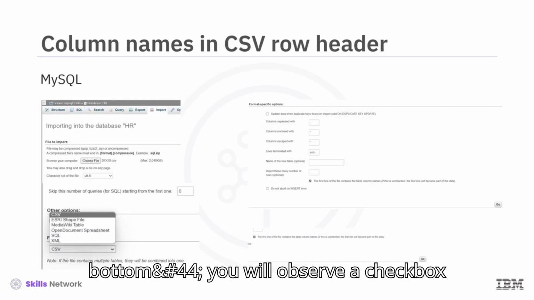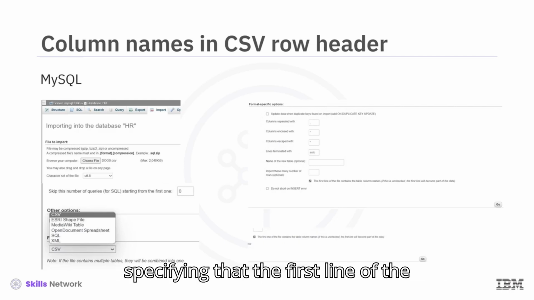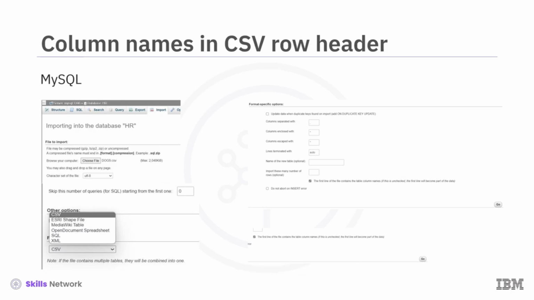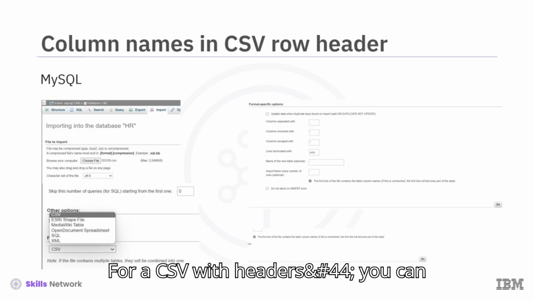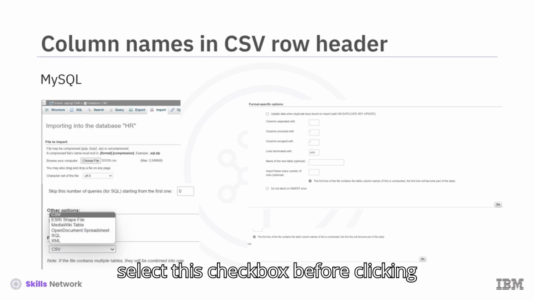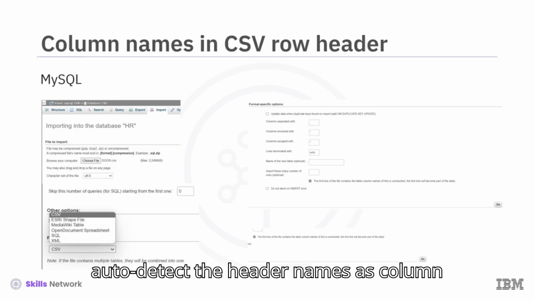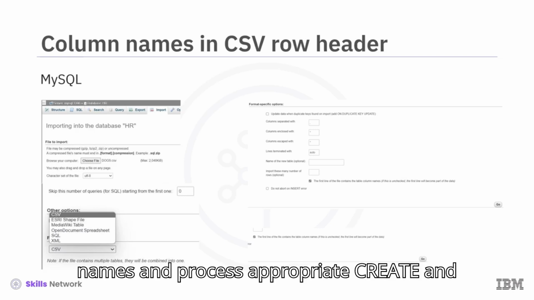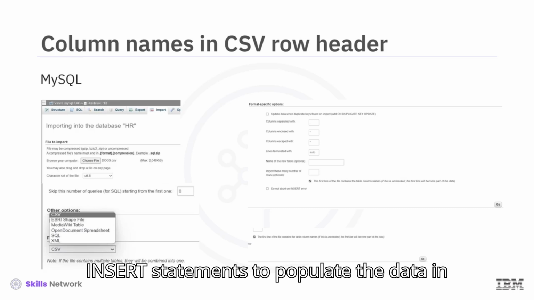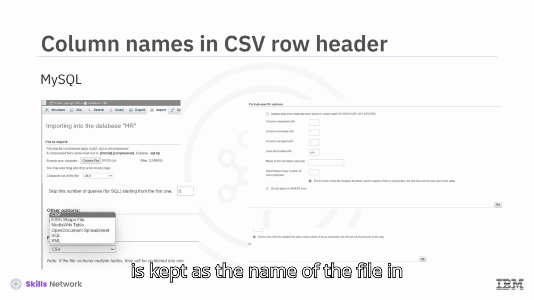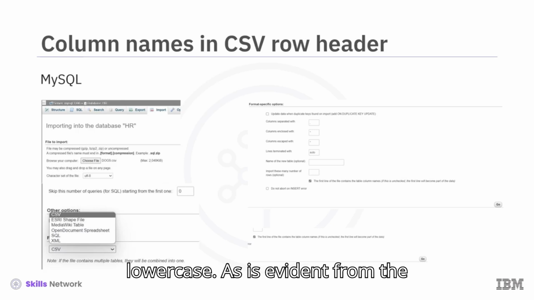At the bottom, you will observe a checkbox specifying that the first line of the file contains the table column names. For a CSV with headers, you can select this checkbox before clicking the Go button. MySQL will auto-detect the header names as column names and process appropriate create and insert statements to populate the data in the table. The default name of the table is kept as the name of the file in lowercase.